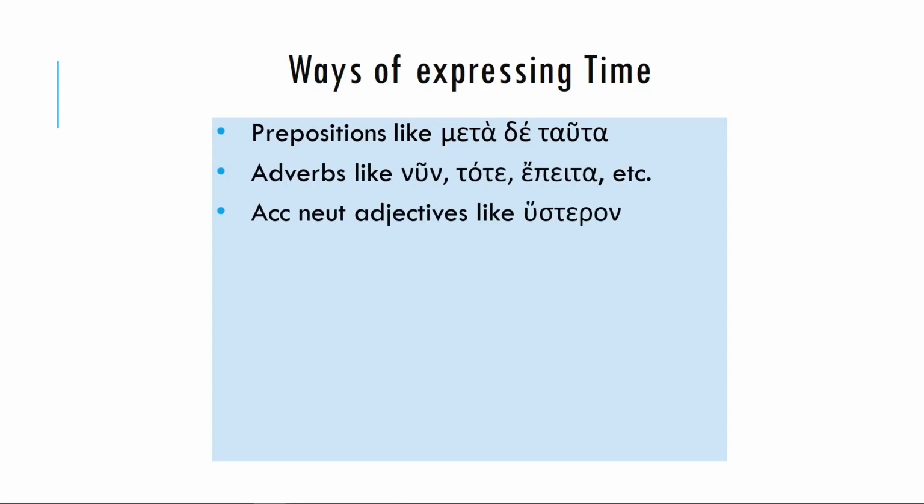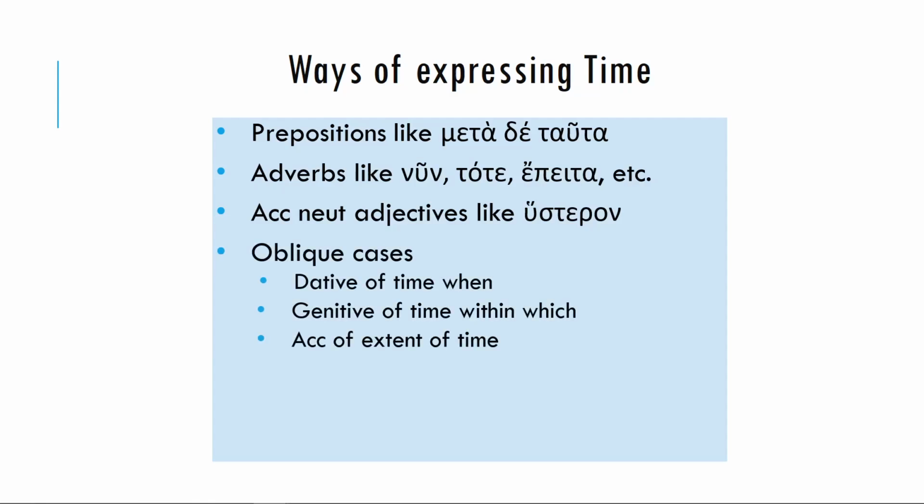You can use accusative neuter adjectives, especially husteron or proteron or things like that. You can use oblique cases of nouns to express time: when in the case of dative, genitive of time within which, and accusative of extent of time. So we've done all of these already.